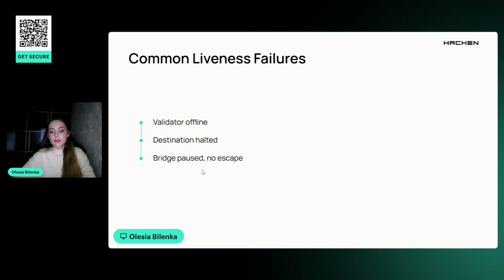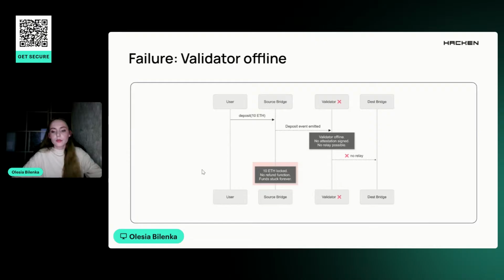Let's go to the first failure pattern. So validator being offline. User deposits, event is emitted, but validator is offline and no attestation is signed. So relay is just not possible. And if there is no refund function, those funds may be stuck forever.